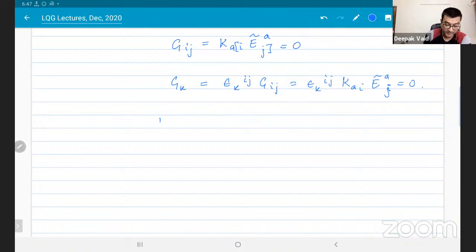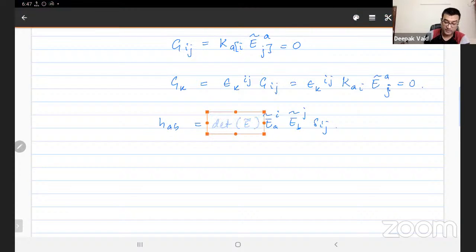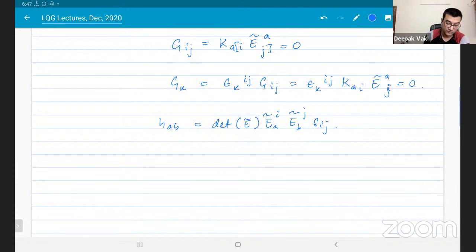So if you write down the metric in terms of this capital E, what you get is the following. It becomes the det E times EAI EBJ delta IJ. So it's the same expression as before. Only thing is now you get a factor of the determinant of E.